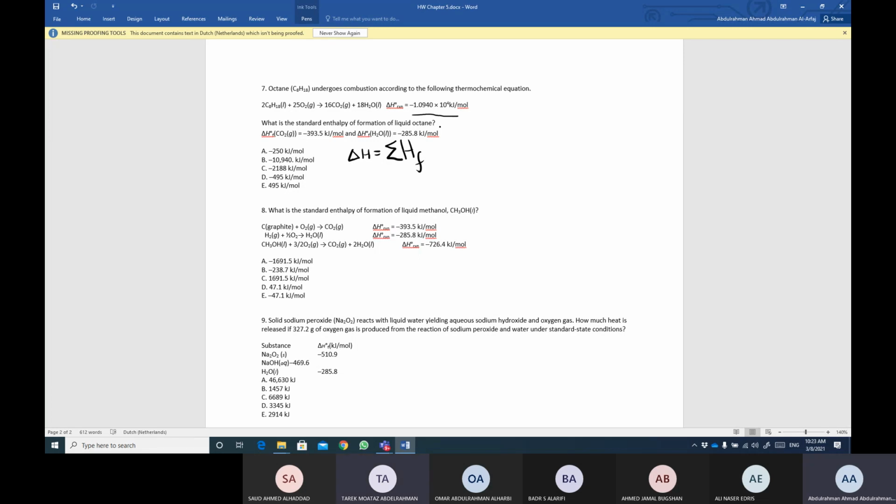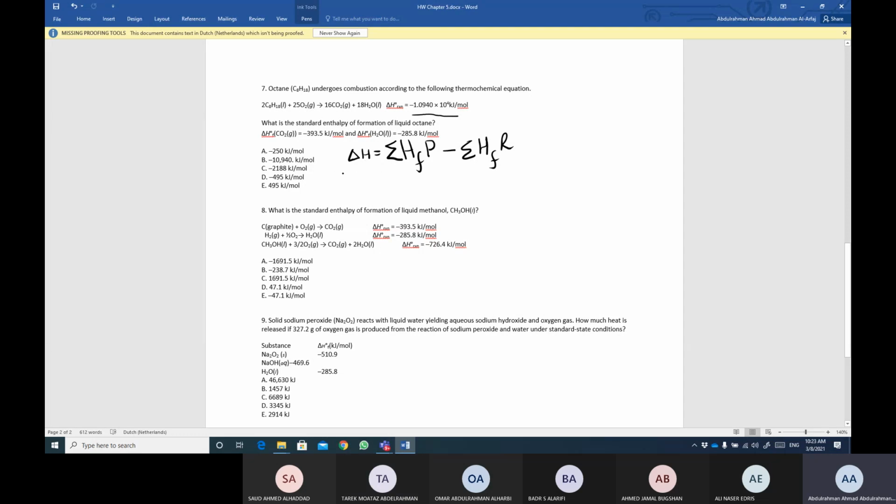Delta H of formation of products minus summation of heat of formation of what? Reactants. Yeah. Okay, let's apply it.